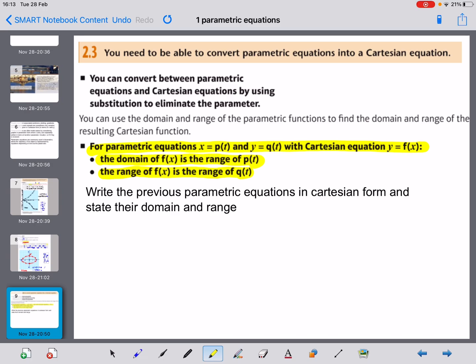So if we have a question where we don't have the graph, but we do have the parametric equations and the domain of the parameter, the values for t, we can work out the domain and the range.